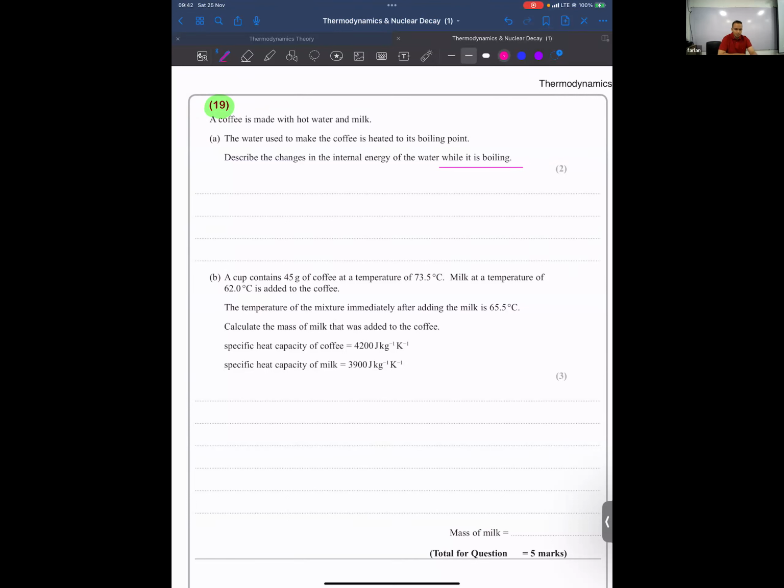The potential energy of the molecules will increase. So the internal energy will increase.